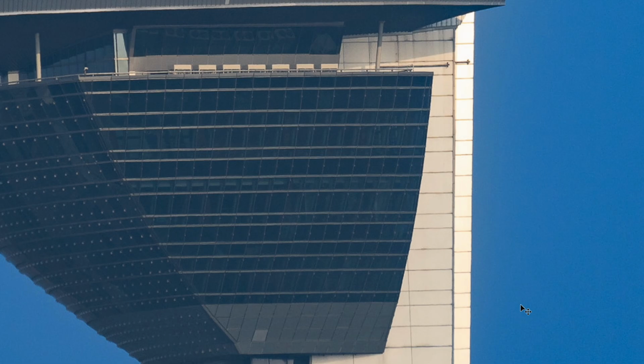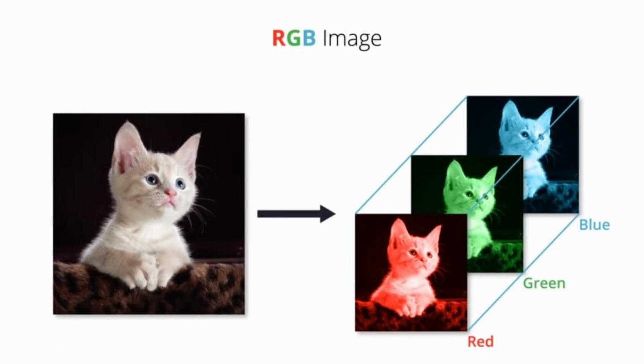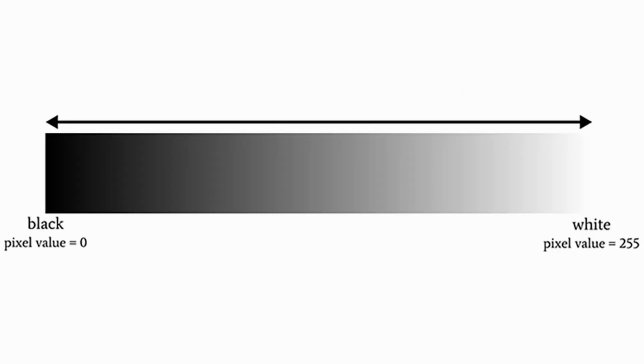Why? We know images are formed by pixels and each pixel is contributed by 3 channels, RGB, which forms the color image. And each of these individual elements takes a value between 0 to 255, where 0 means extreme dark and 255 means extreme bright.